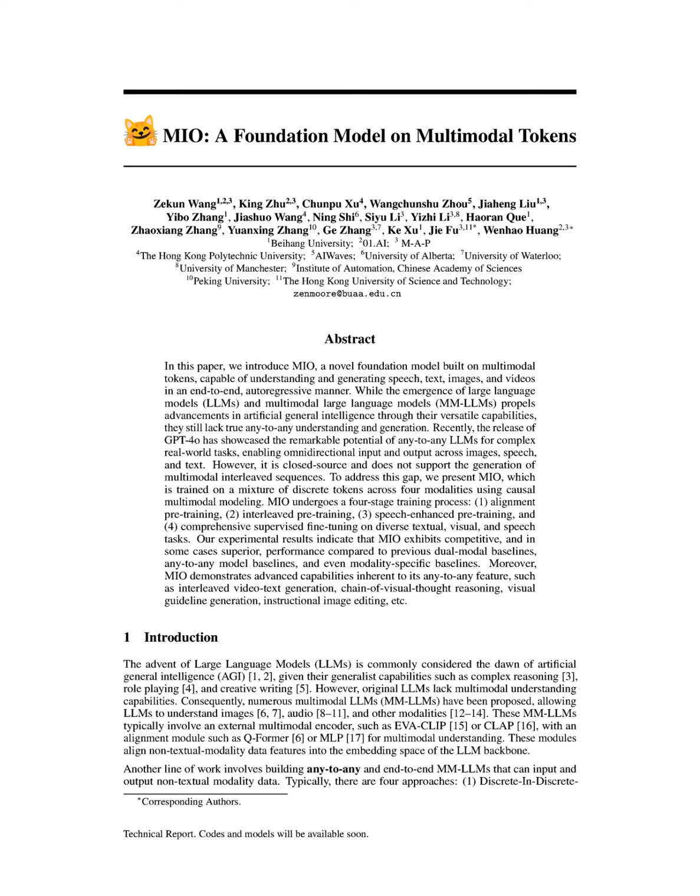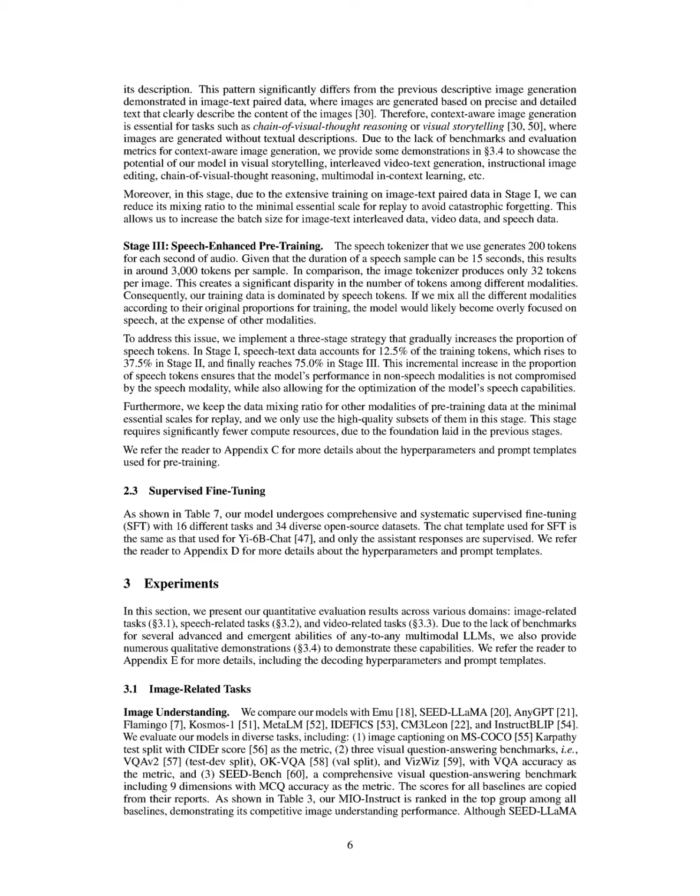The performance of MIO was validated through a comprehensive experimental design that included quantitative evaluations across various domains: image-related tasks, speech-related tasks, and video-related tasks. For image understanding, MIO was compared against models like Emu, SEED-LLaMA, and AnyGPT using benchmarks such as the MS-COCO Karpathy test split for image captioning and visual question answering metrics like VQA accuracy.